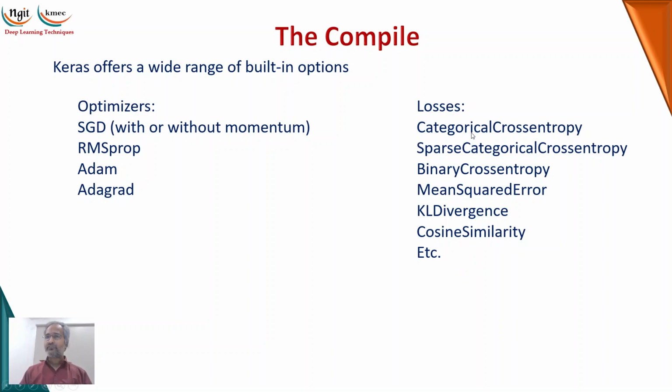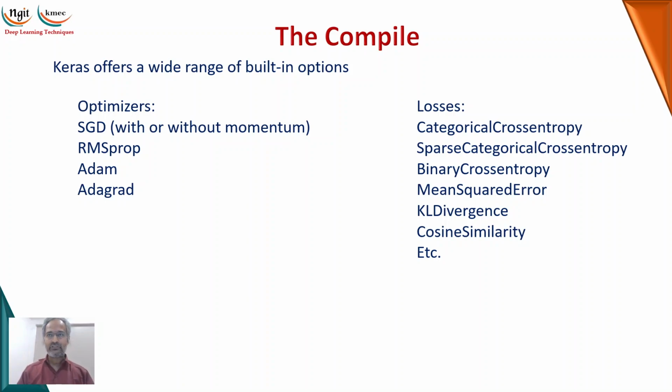Categorical cross entropy is for multi-class classification, binary cross entropy is for binary classification, and sparse categorical cross entropy is also for multi-class classification. If your output is one hot encoded, then you can directly go for categorical cross entropy. But if your output is label encoded, then you should go for sparse categorical cross entropy.